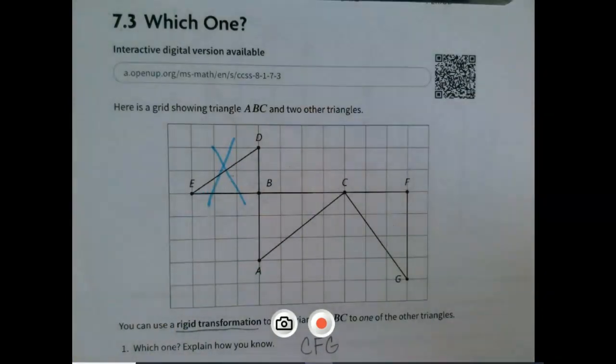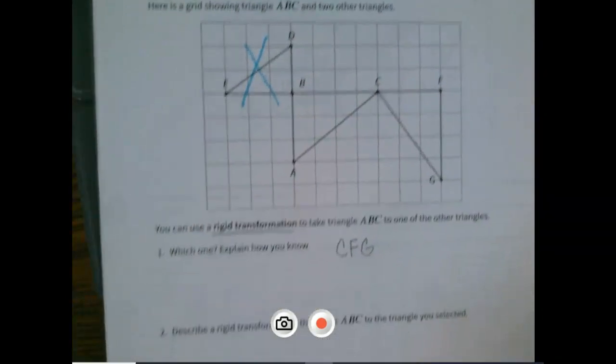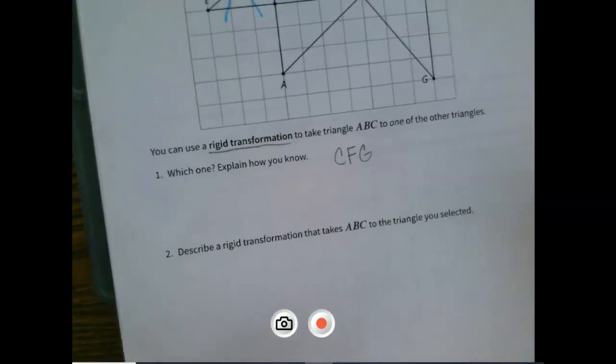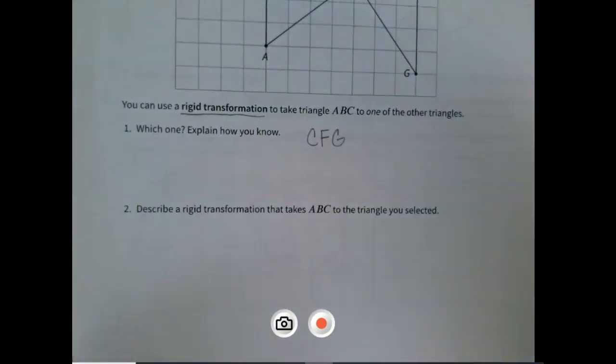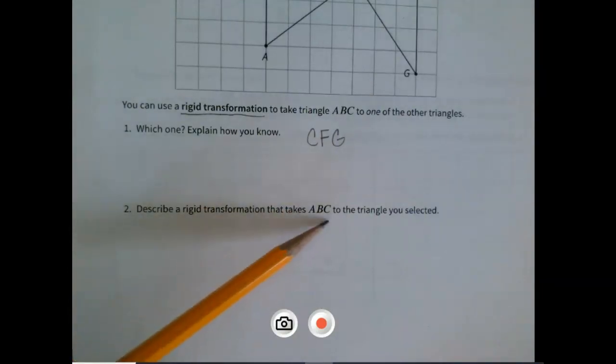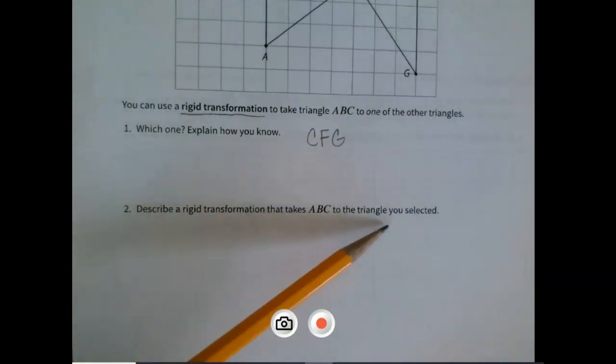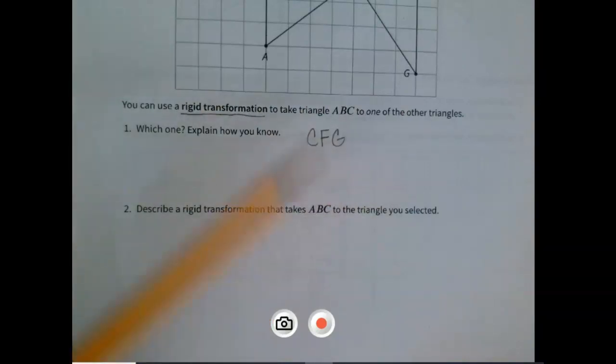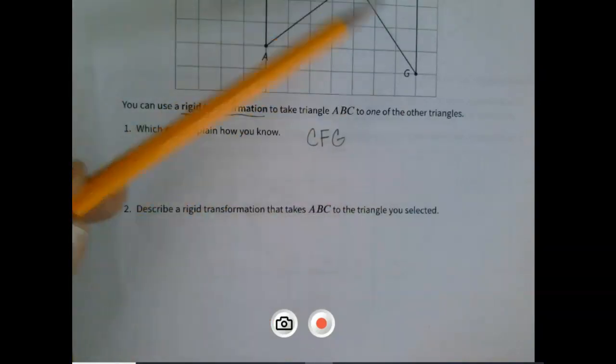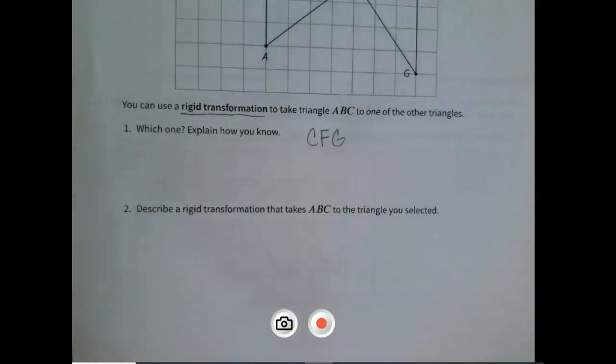All right, so then the next part says, describe a rigid transformation that takes triangle ABC to the triangle that you selected, which we chose, CFG.